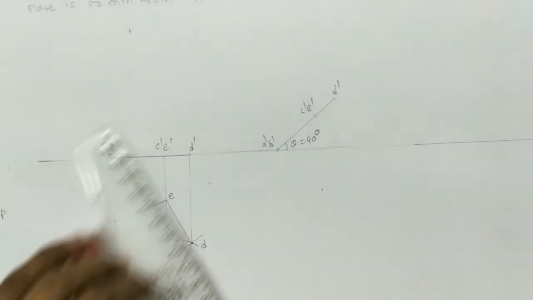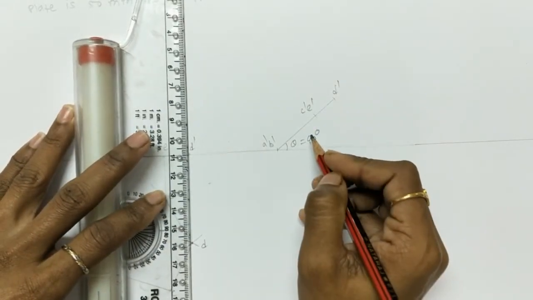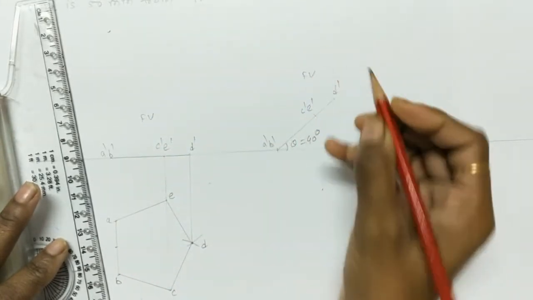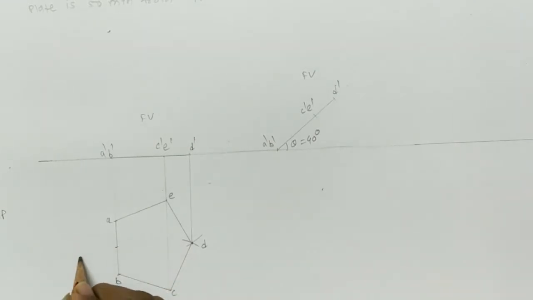Now after that take projections of this top view. Sorry, this is the front view. This is also the front view in stage 2 and this is the top view.